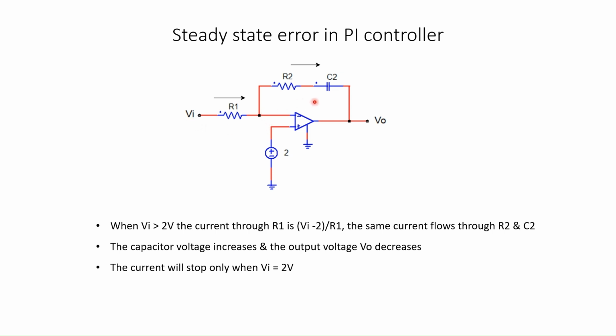As there won't be any more changes in these voltages, and this voltage is fixed voltage, the VI is exactly following the reference voltage, in this case 2 volts. The steady state error is equal to 0 here.